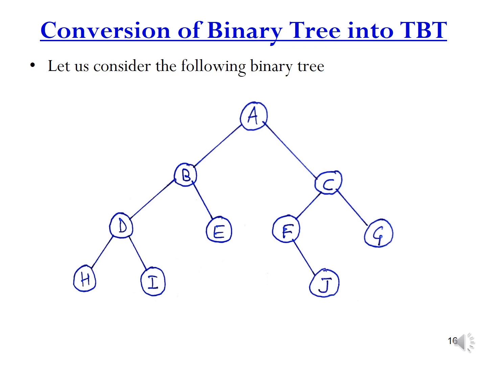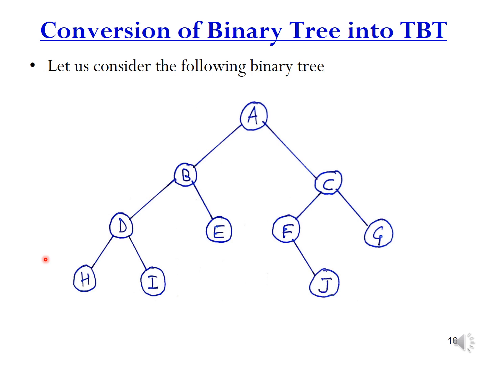Now let's convert a simple binary tree into a threaded binary tree. This is an example of a binary tree containing the nodes A, B, C, D, E, F, G, H, I, J. Now we will see how this binary tree can be converted into a threaded binary tree.